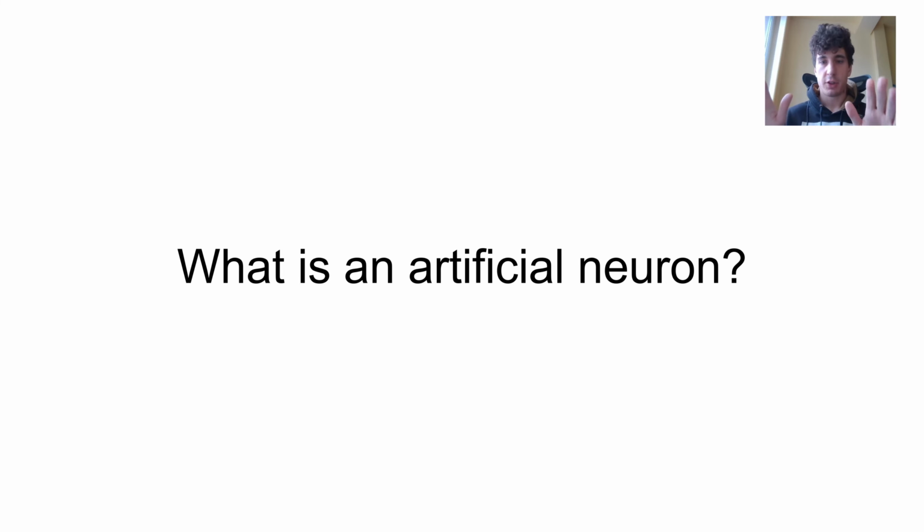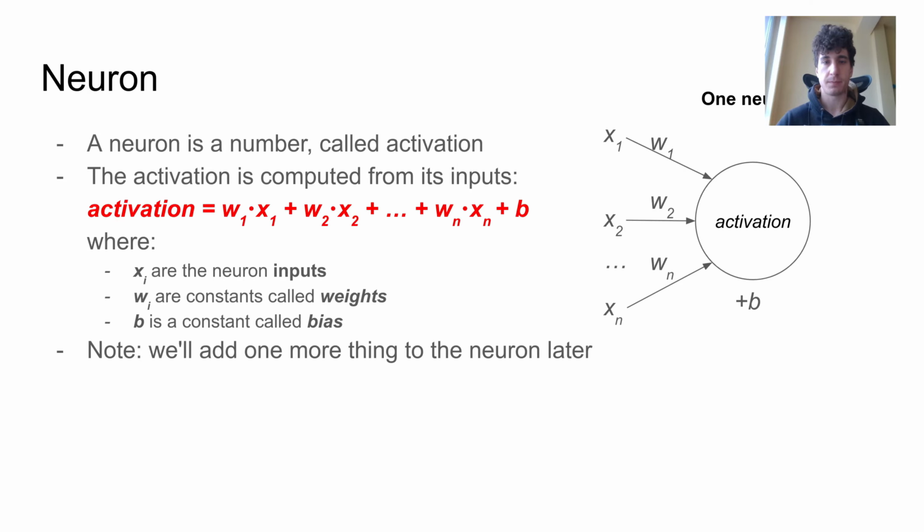What is an artificial neuron? Neural networks are made of neurons, and now we'll see what a neuron is. So here is how a neuron looks like. Each neuron actually is a number, which is called activation.